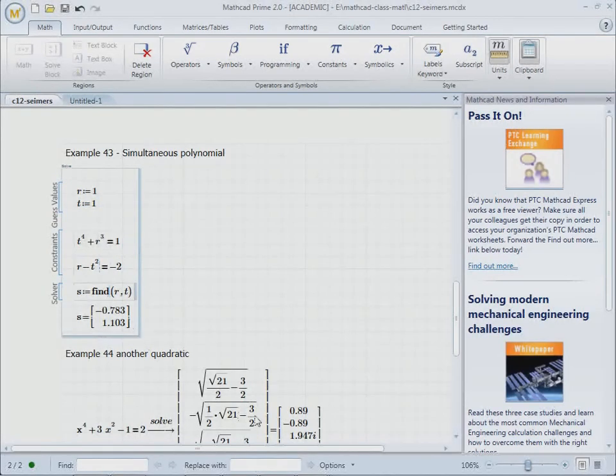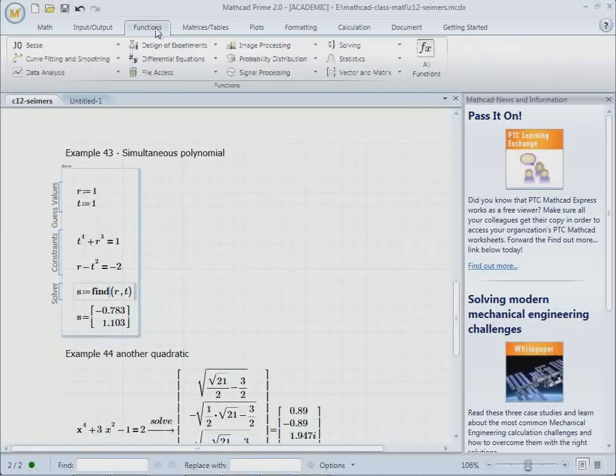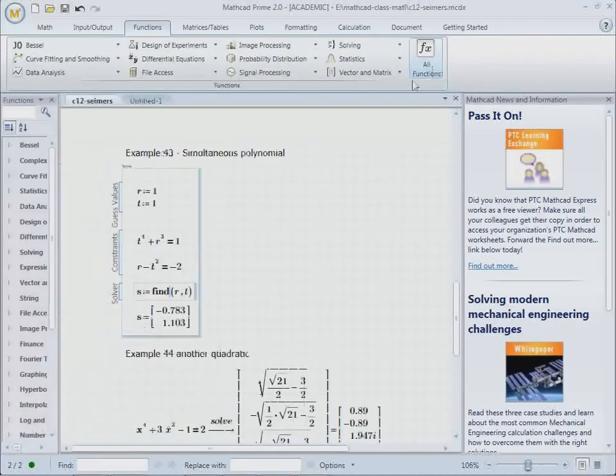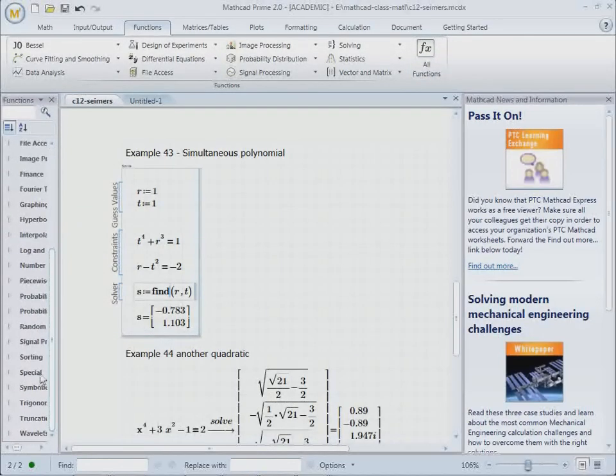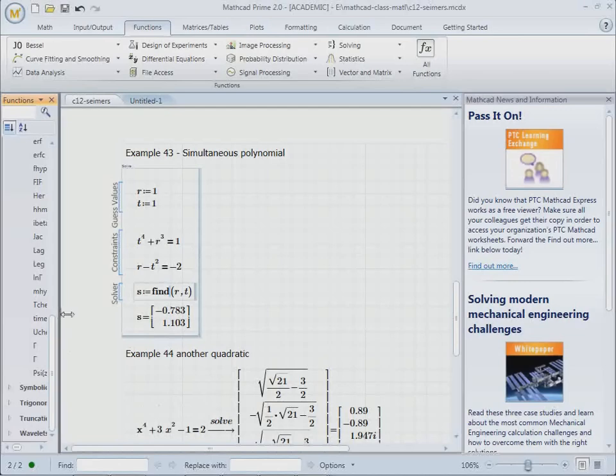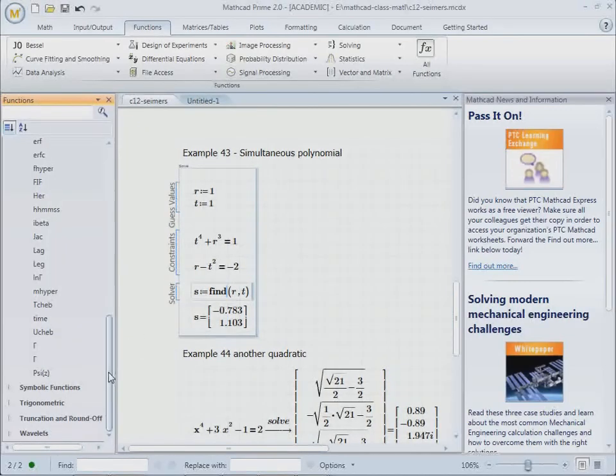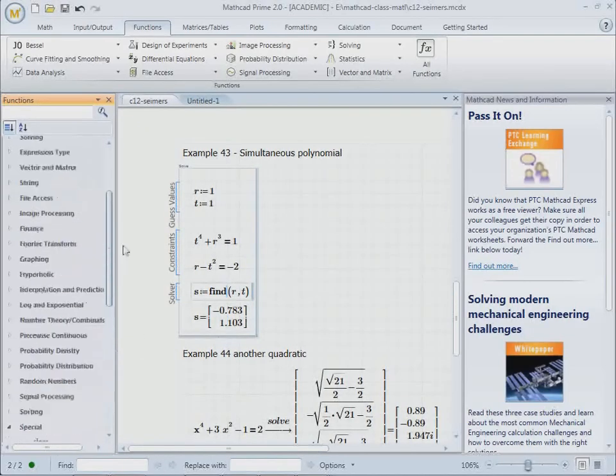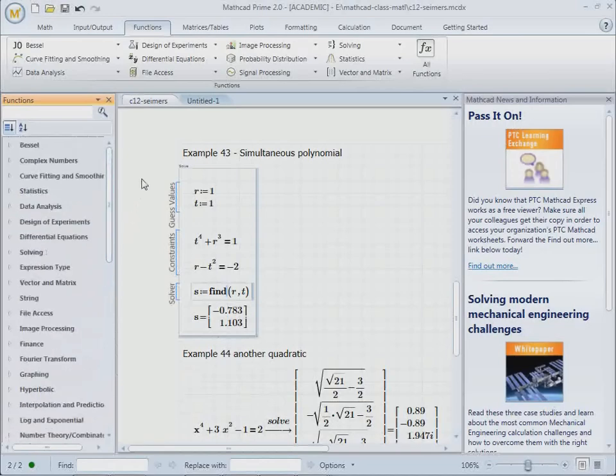Use the find function. By the way, functions, where's functions? There it is. Functions, this tab, all functions. As you guys can tell, there's a lot going on, just like MATLAB, by the way.